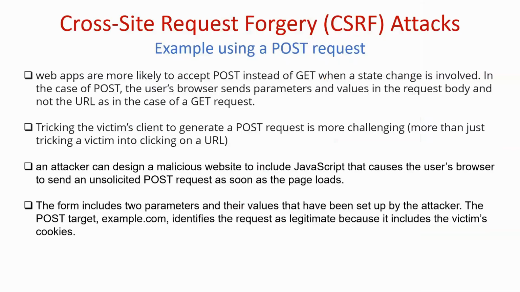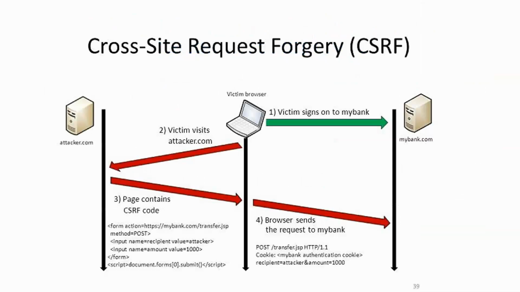This example is using a GET request. There is another example here that also uses a POST request. It works in a very similar way, except that using the POST request is a little bit more complicated because it has to be something that the victim's browser would actually create and send to the back end in this case.